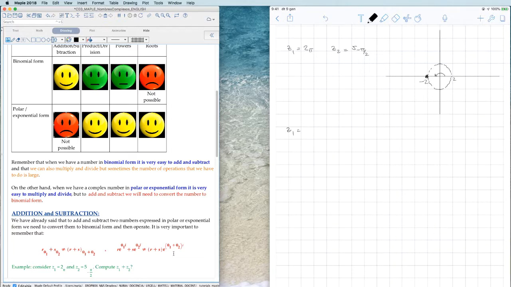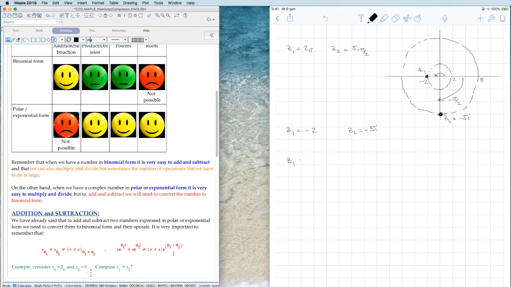So this is our number. This is going to be minus 2. And now we do another circle, this time of radius 5, and we go for minus pi over 2. So this is our number. This is Z2. This is Z1. So this is minus 5i. So Z2 is minus 5i.